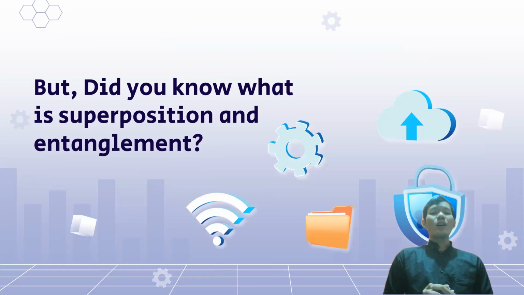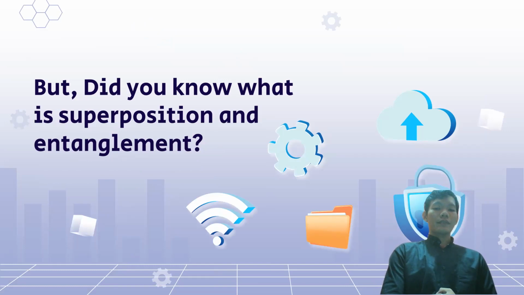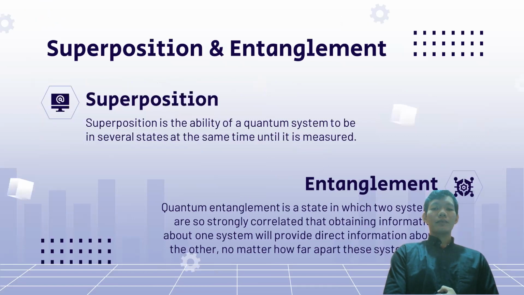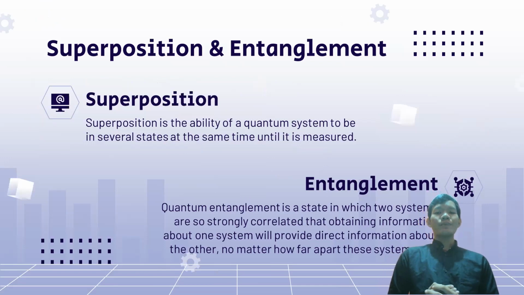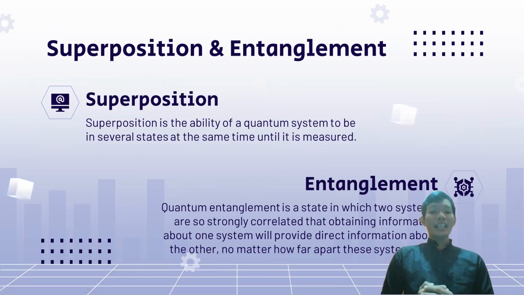But do you know what superposition and entanglement are in the principles of quantum computers? Superposition is the ability of a quantum system to be in several states at the same time until it is measured. In this case, qubits can represent many possible combinations of 1 and 0 simultaneously. To put the qubits into superposition, researchers manipulate them using precision lasers or microwave beams.